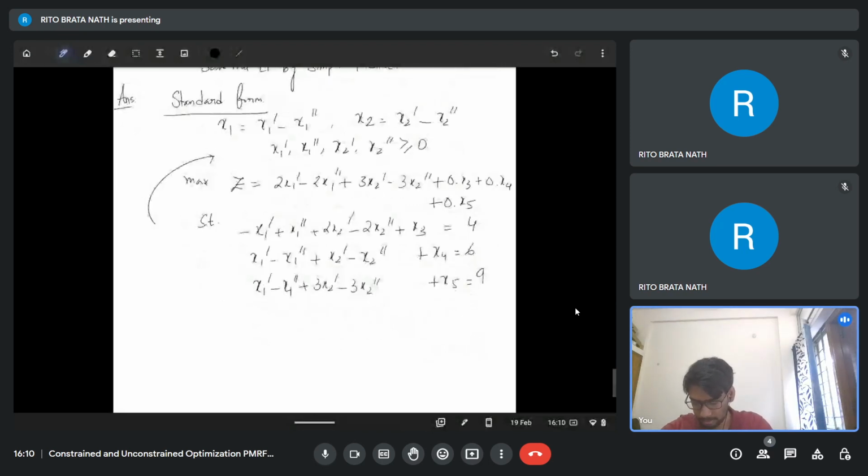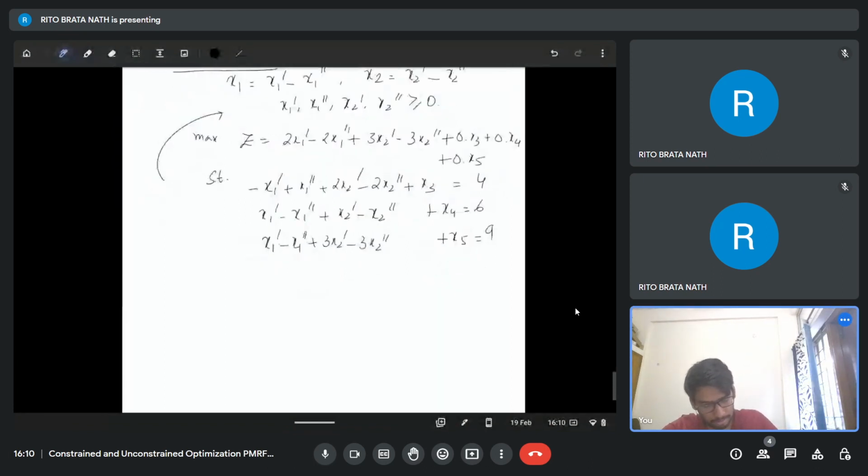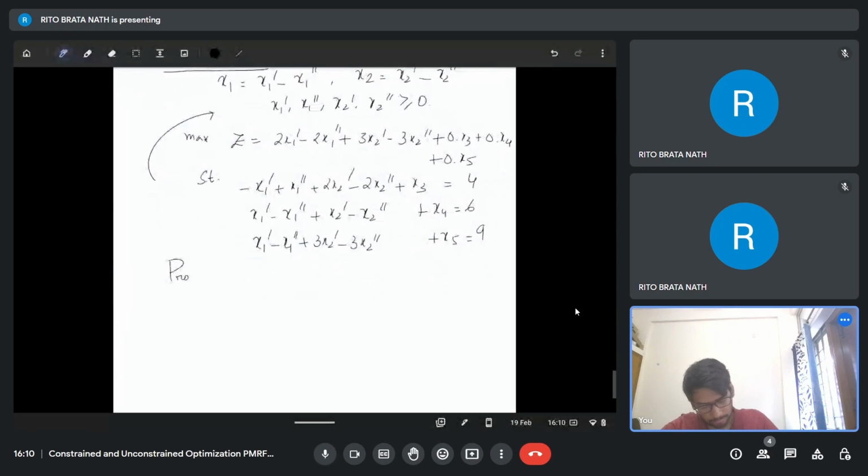So now, again, you have to do some sort of calculations based on it. And I think it will take you 4 simplex tableaus to solve this. But the rest of the part is just to proceed with simplex tableaus.